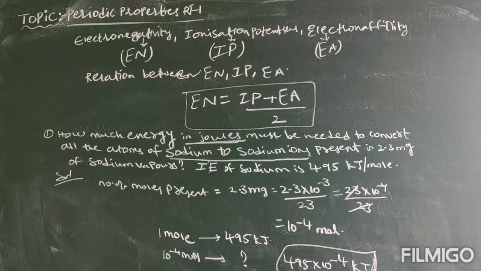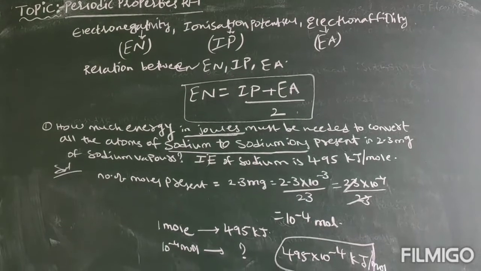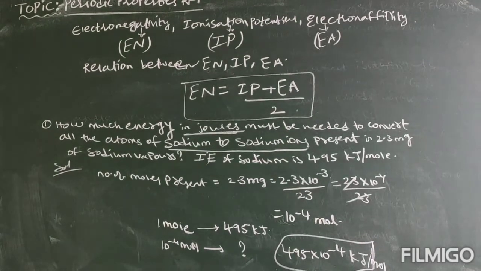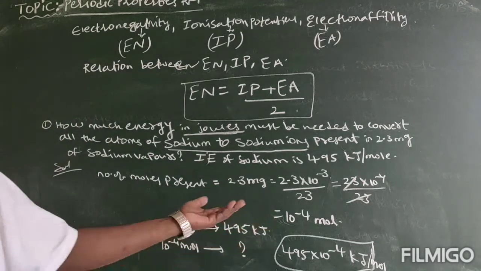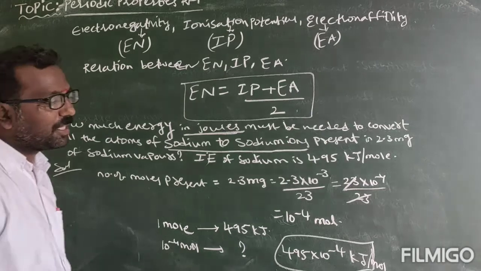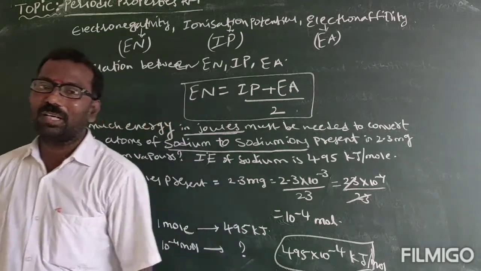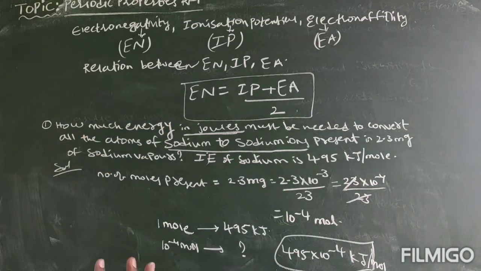So 10 power minus 4 moles will have 495 into 10 power minus 4 kilojoules. See, this topic is in the first chapter, we can consider it under the atomic structure. We can also consider it under the periodic table. Linked questions these are. So that's why I have written revision.